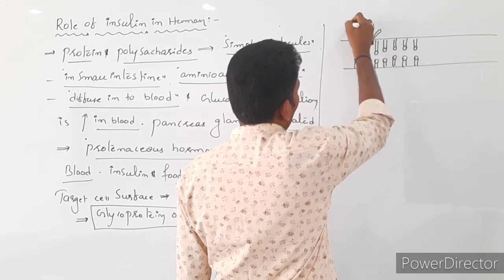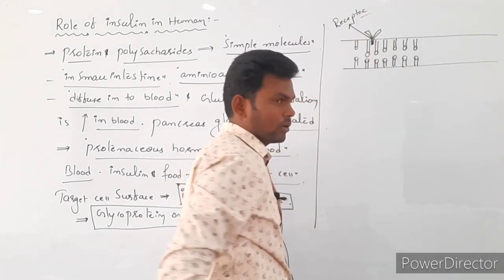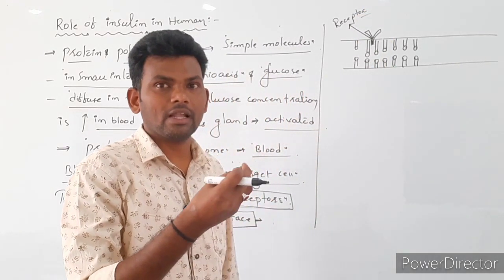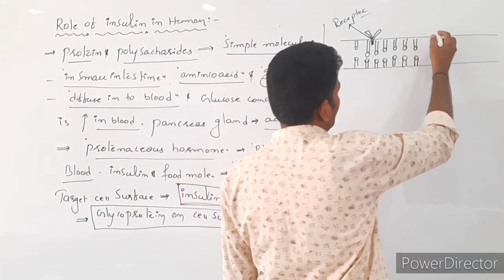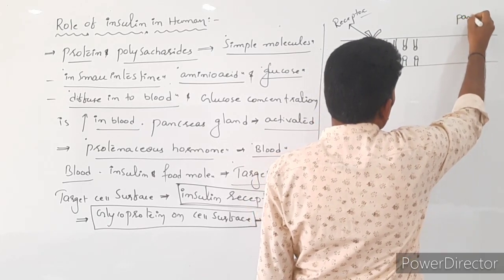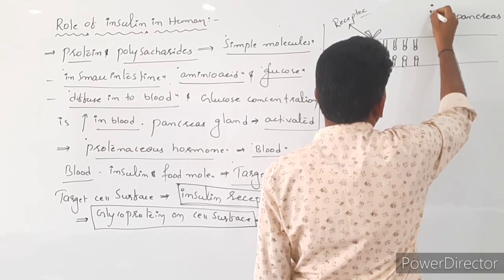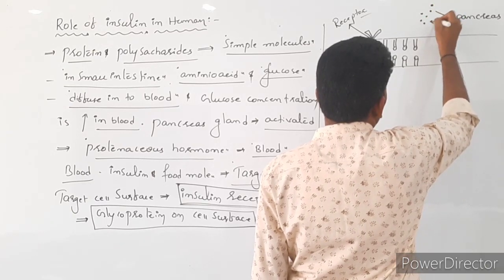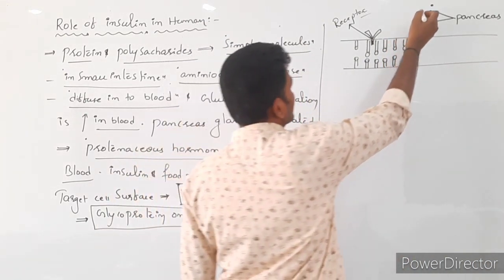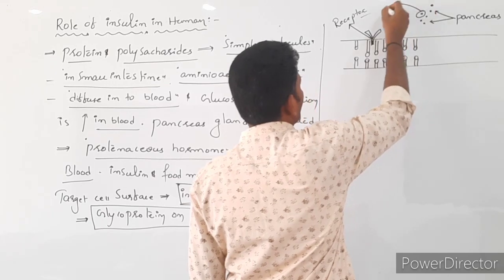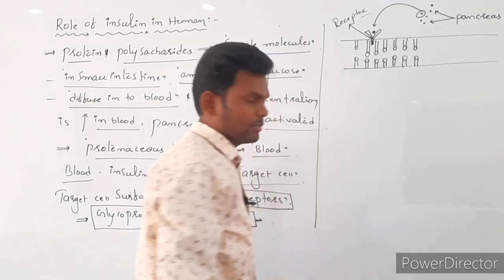This is a receptor. Which receptor? Insulin accepting receptors. When insulin concentration is increased, the pancreas is going to release insulin. This insulin molecule is going to bind with a receptor.